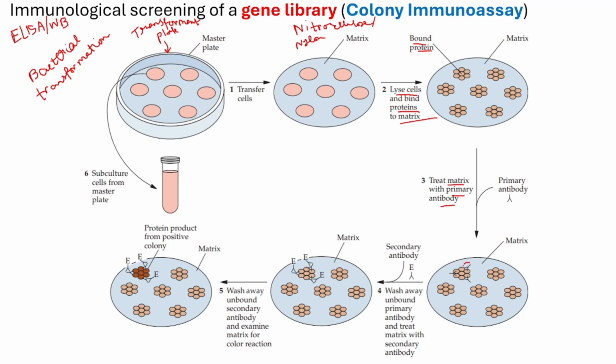Here, as you can see, these are the places where the primary antibodies bind to the protein. Okay, now after giving the primary antibody, you wash once to remove all the non-specifically bound primary antibody. And then you give the secondary antibody.